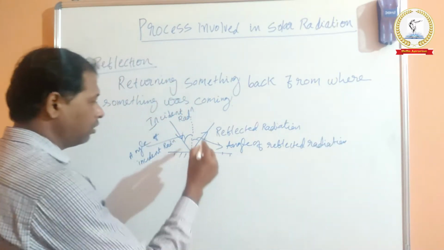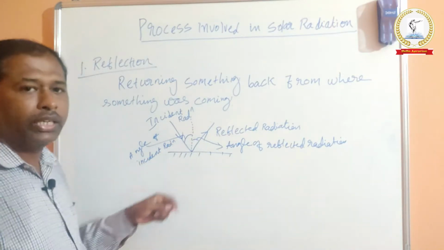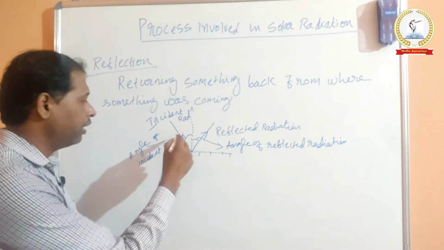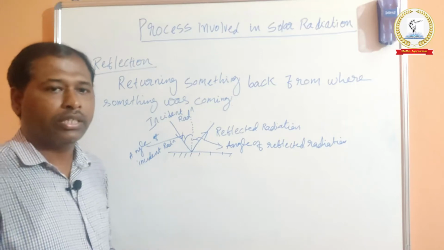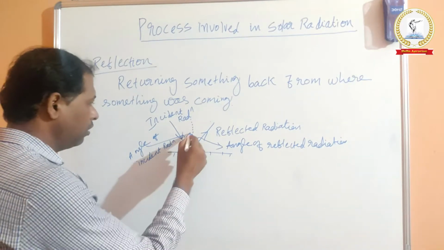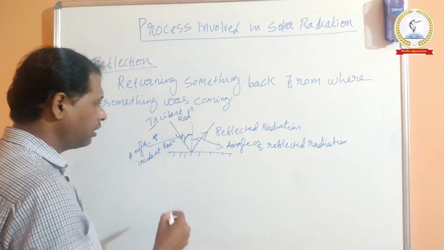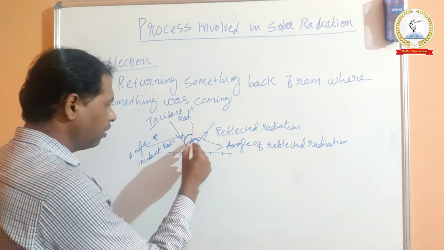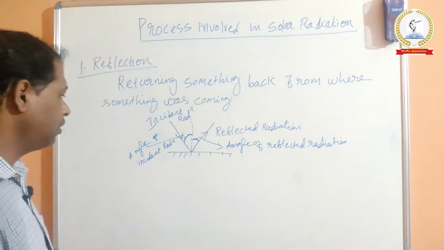This angle of reflected radiation is dependent on the angle of incident radiation. You find that the angle of incident radiation and the angle of reflected radiation are equal.